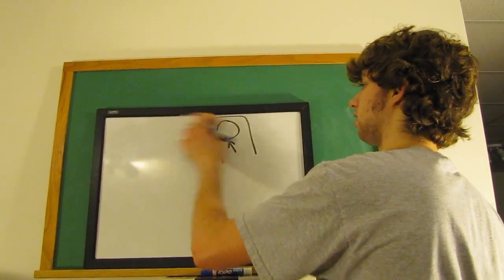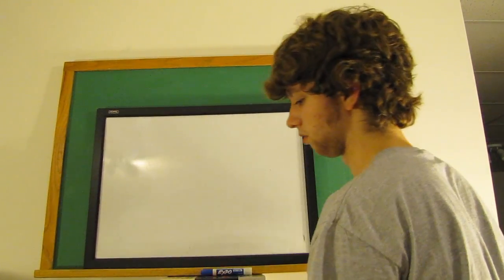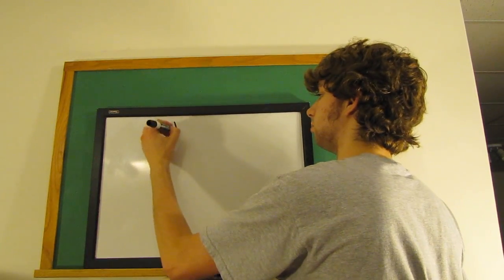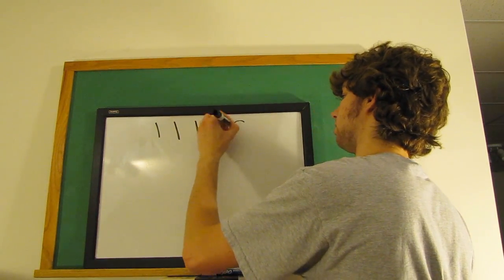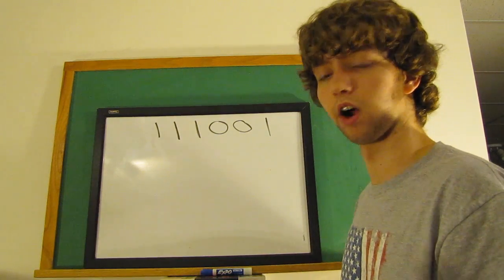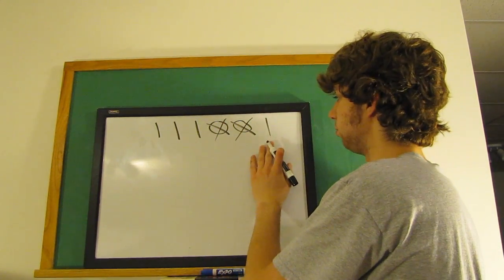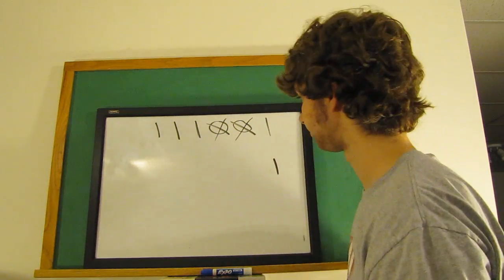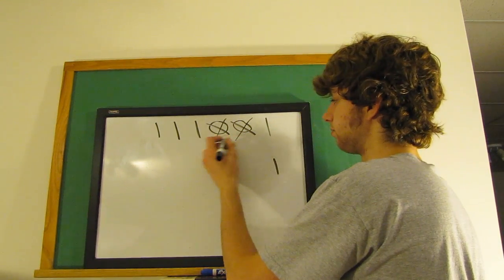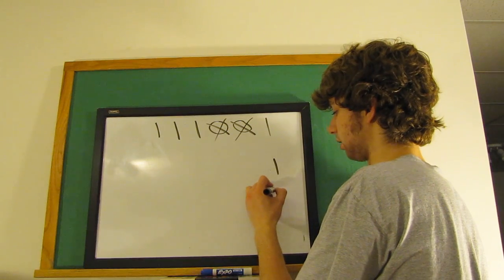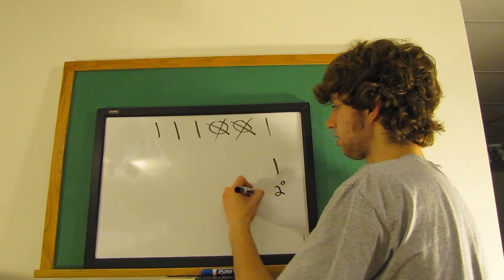Let's try a more difficult one. Let's go 1, 1, 1, 0, 0, 1. All right, well, automatically, we know we don't have to worry about those zeros. 1, well, that's 1, that's easy. And then, so this is multiplying by 2 to the 0th power.